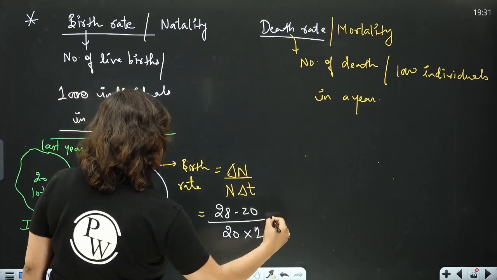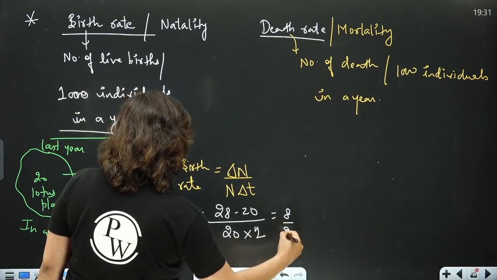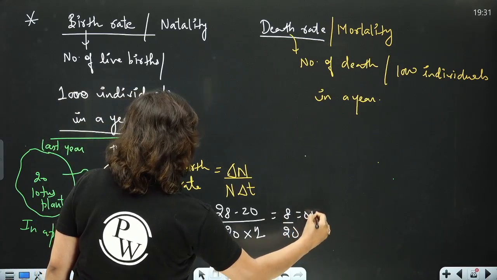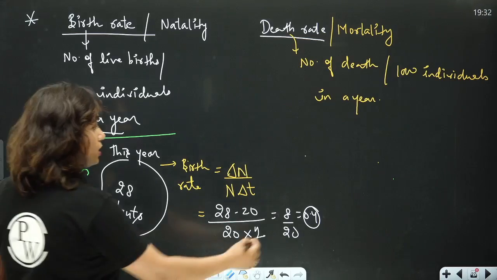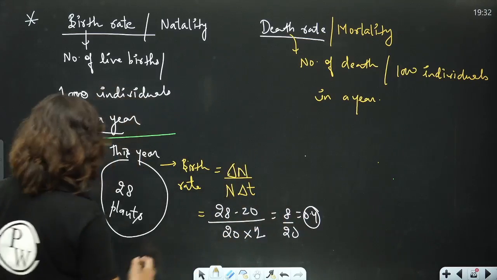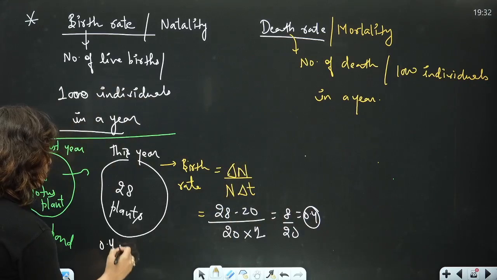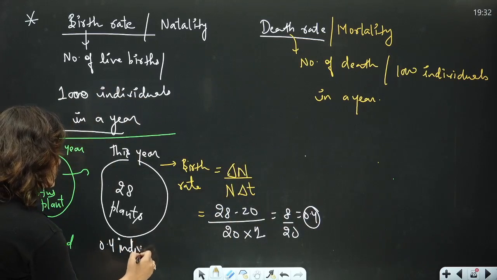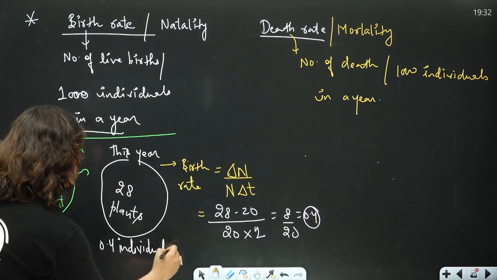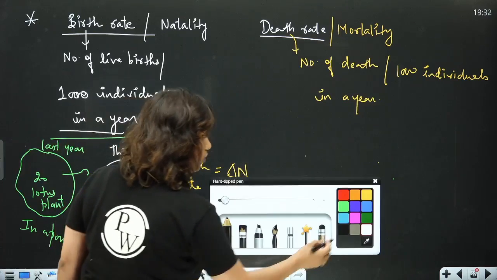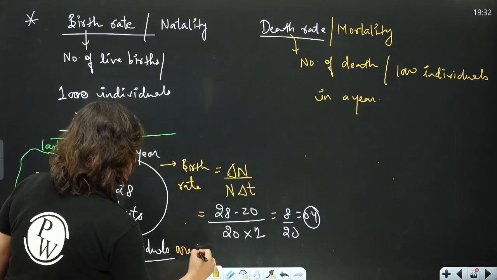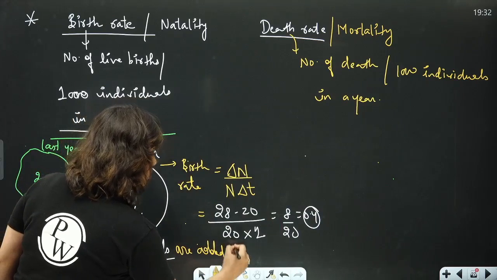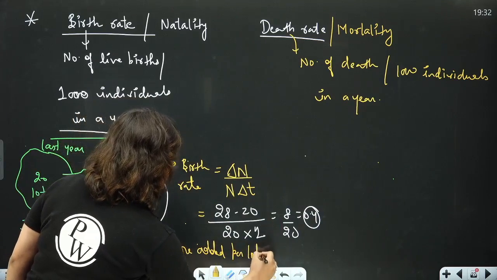So this will be equal to 8 upon 20, that is 0.4. This is how you count the birth rate. So how will I interpret this? I will say that 0.4 individuals are added per lotus plant in a year.